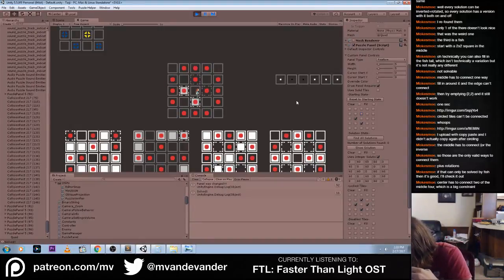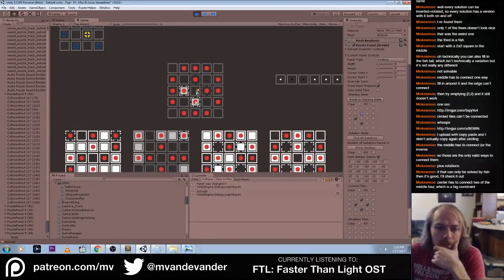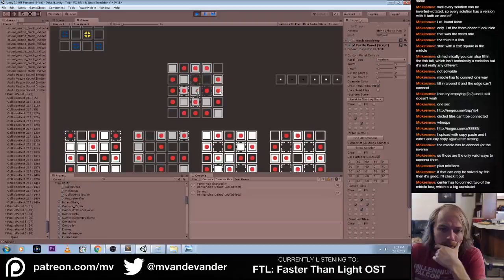Center has to connect 2 of the middle 4. Does it? I guess you're right.